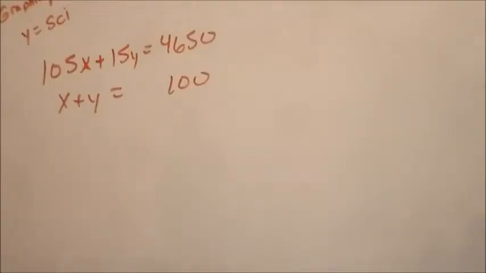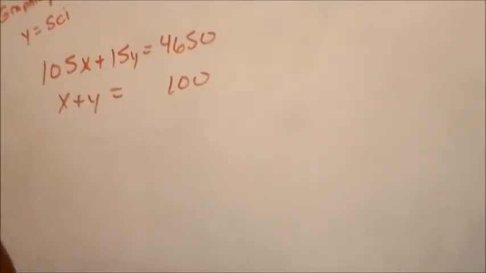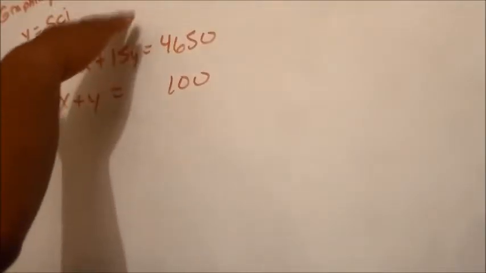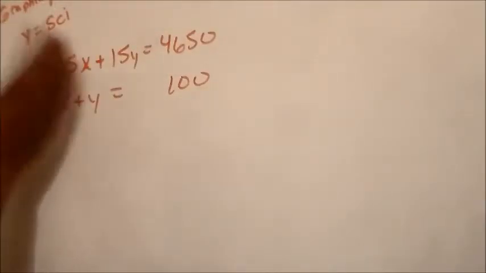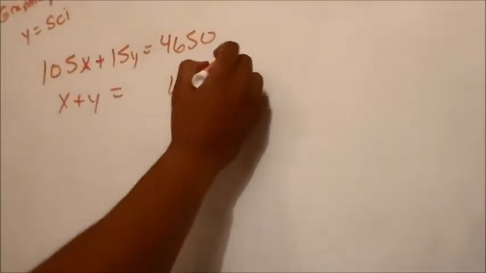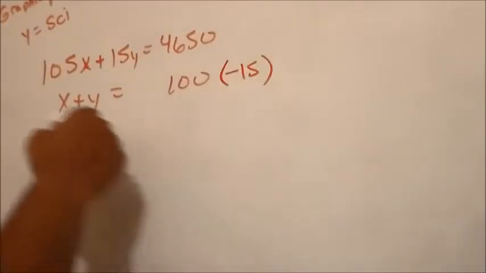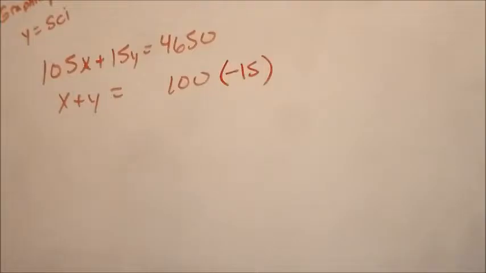What am I going to eliminate? I'm going to eliminate the 15, because I could easily multiply by negative 15 to zero out the y's and isolate the x variable. So I'm going to multiply the whole bottom equation by negative 15. It's beautiful.